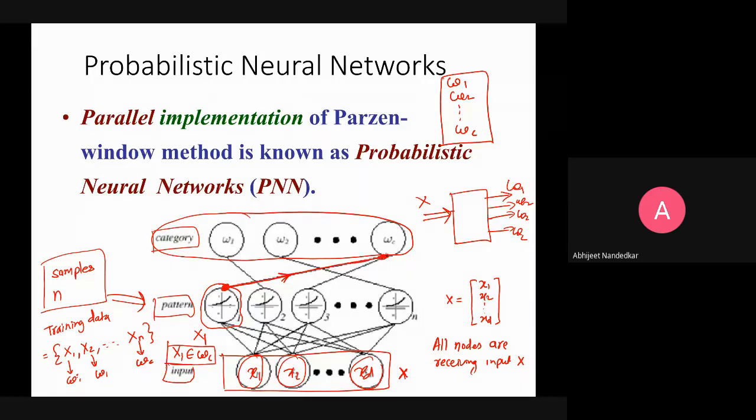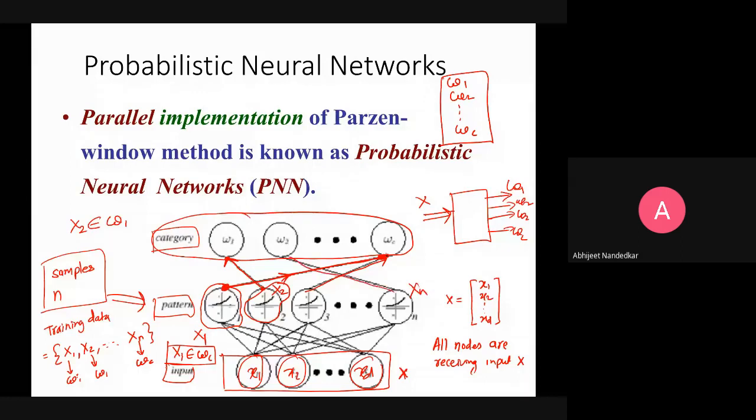Now I take a second example. Suppose this is x2, residing over here, connected to omega 1 like this. This will be done only when x2 belongs to omega 1. Like that, x3 belongs to omega c and xn belongs to omega 2.